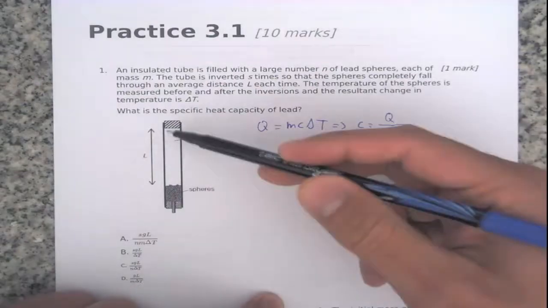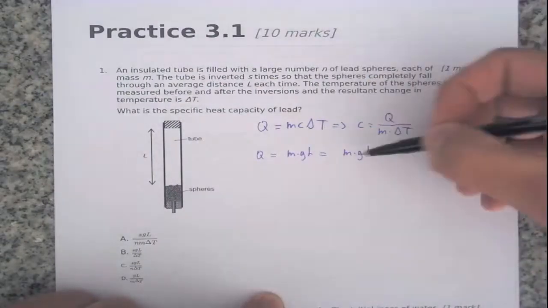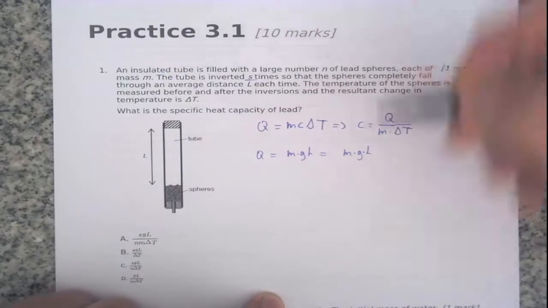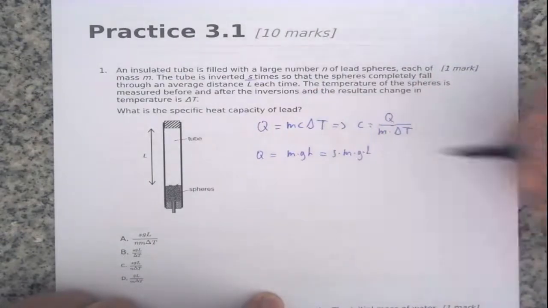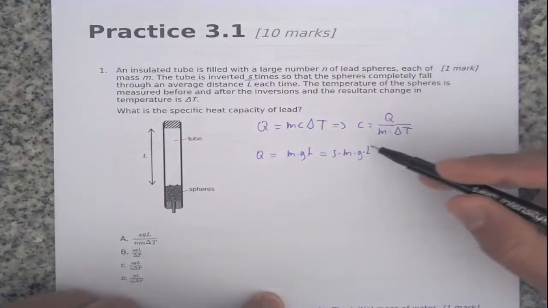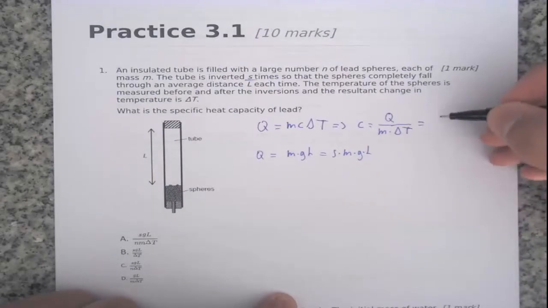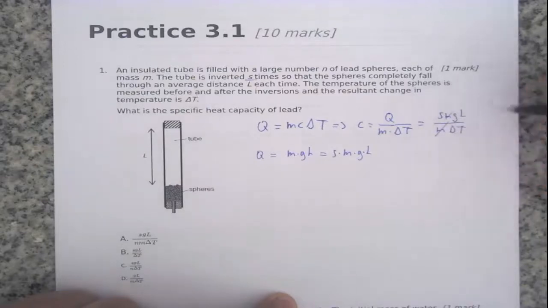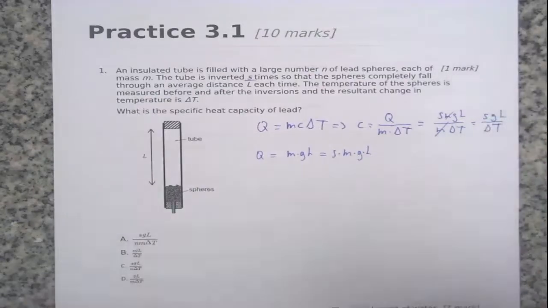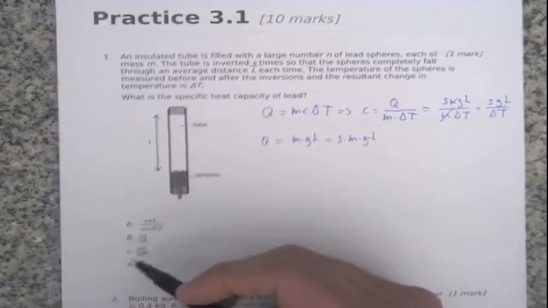This is the height that they cross, but they do that s times, so I need to multiply by s as well. So I'm going to place this equation here. You have s m g L divided by m delta T. Of course, the masses cancel out. So you have s g L over delta T. And of course, here the correct answer is B.